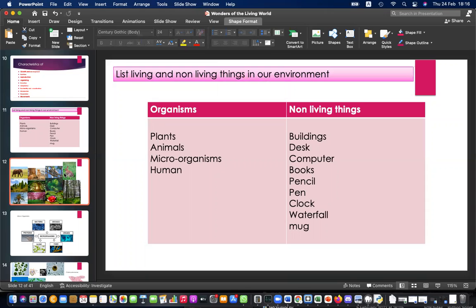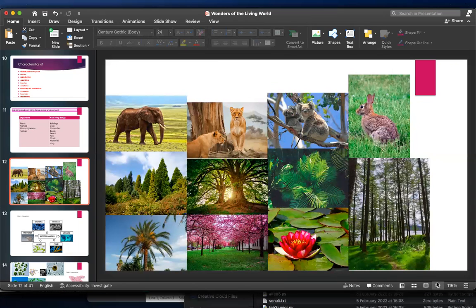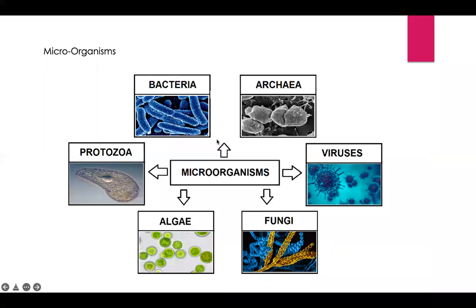These here are not microorganisms. You can see these things clearly: elephants, trees, lions, a flower like a lotus. But microorganisms you can't observe with your naked eye.